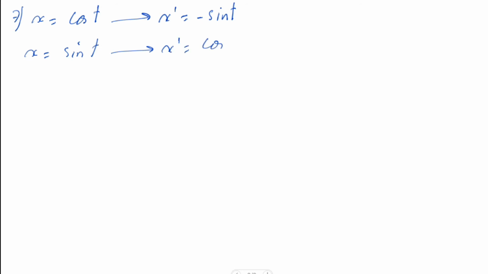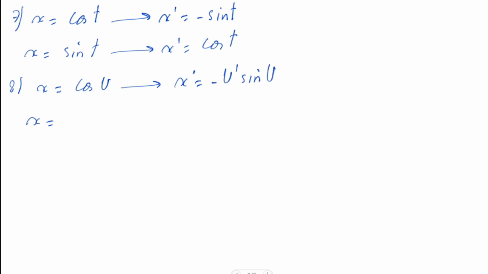Now rule number 7, x equals cosine t, then x prime is minus sine t. x equals sine t, then x prime is equal to cosine t. Rule number 8, x equals cosine u, then x prime is equal to minus u prime sine u.